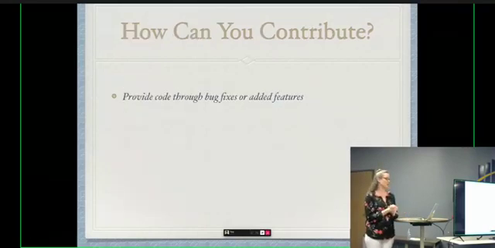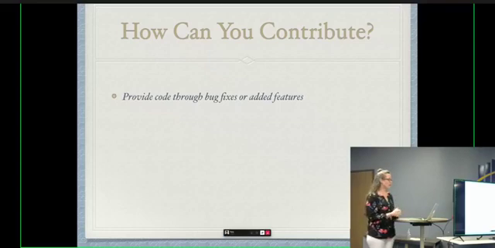So how can you contribute? We've already talked a lot about the fact that you can contribute by providing code. This is typically through, like I said, bug fixes or added features or different things. Oftentimes when you're first starting out, it's a good idea to get things that are labeled as first bugs, which are literally change the name of this variable or make this button green instead of red.